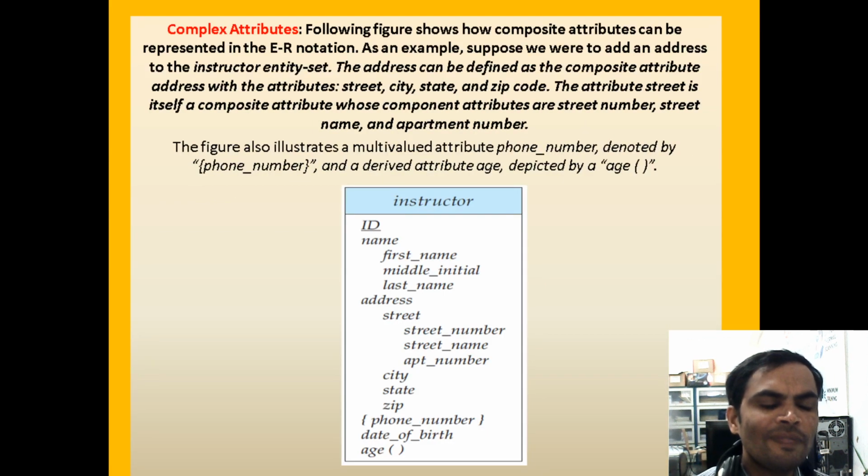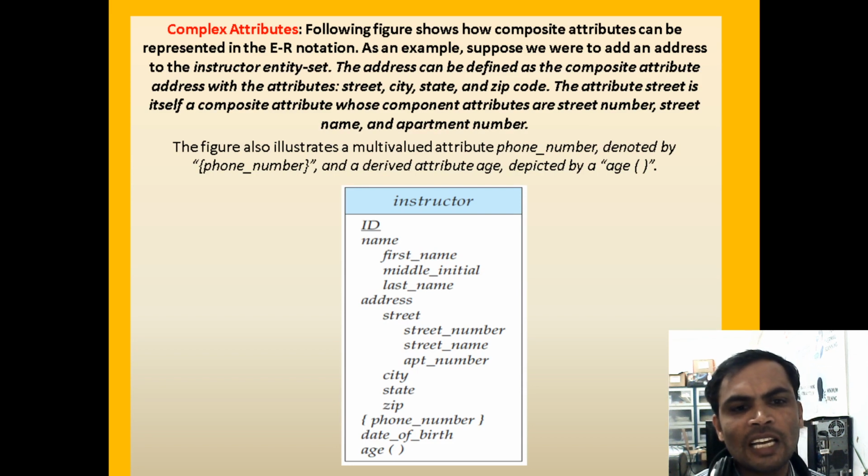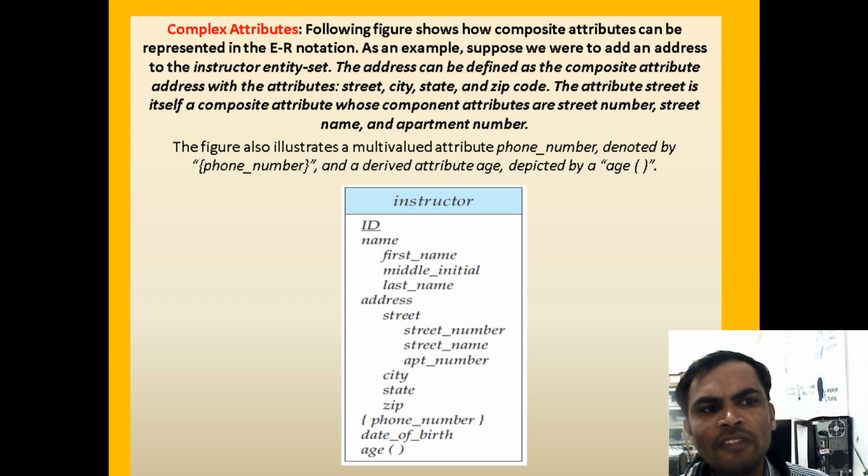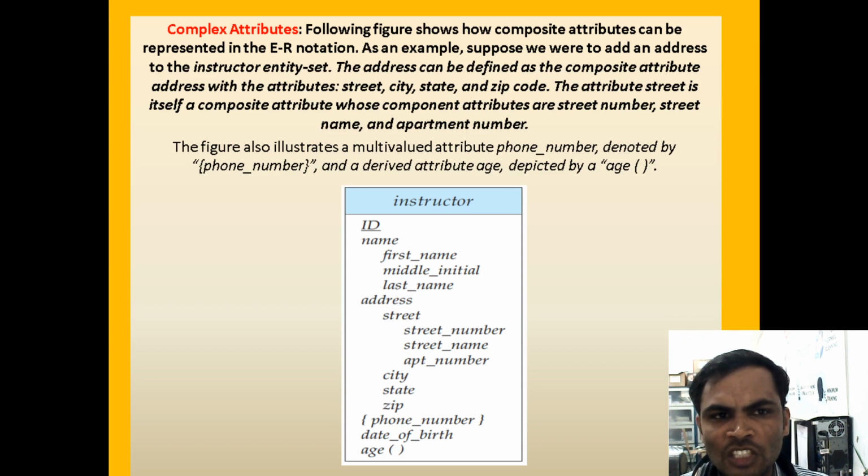Now if you want to define complex attributes in ER diagrams, when defining the entity we represent it with the help of the double rectangle symbol. The first part we declare as the instructor, the second part we declare as the attributes. An entity defined with complex attributes, or composite attributes, can be represented in the ER notation.